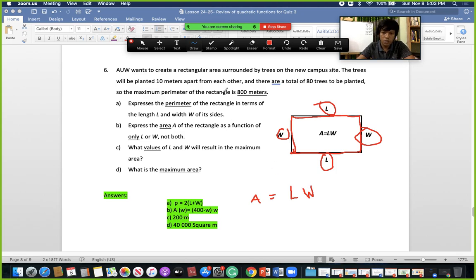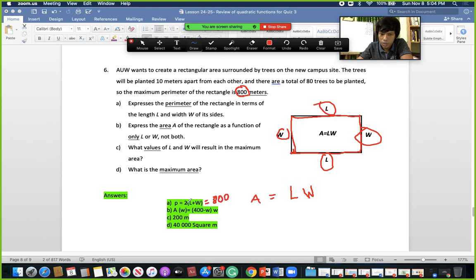And we can make it one symbol because another information is given, that the maximum perimeter of the rectangle is 800 meters. That means this perimeter, 2 into L plus W, equals 800. It is already given. That means 2 into L plus W equals 800.